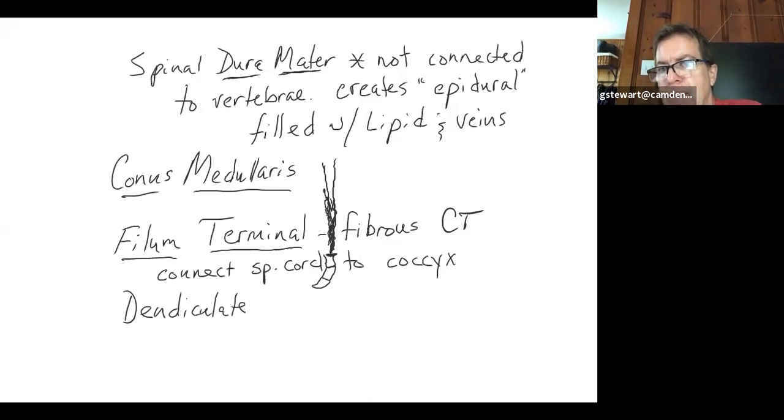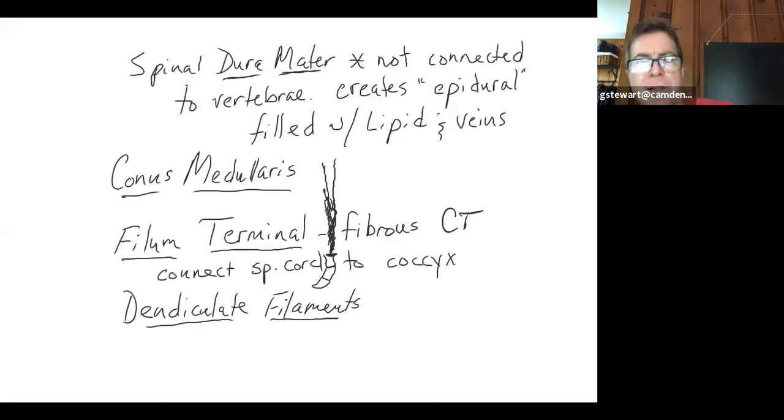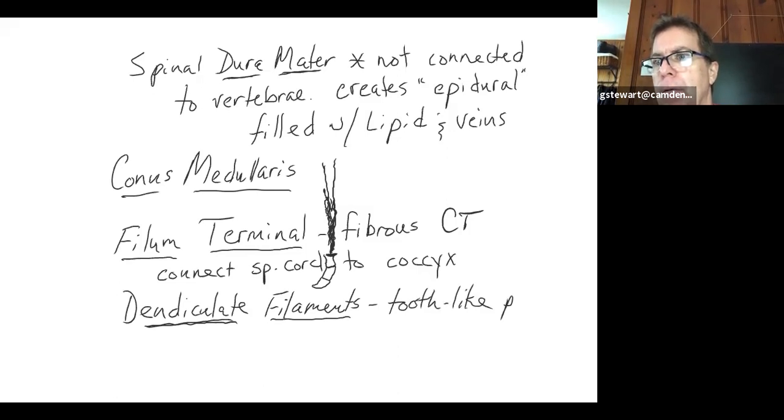These denticulate filaments, just anatomical terms. We're just building a glossary, a dictionary, that's all. Are sort of these tooth-like, which is where it gets the name denticulate, projections, that's a J. Tooth-like projections of the pia mater, that thin, clear, delicate connective tissue that's actually covering neural tissue itself, resting on neural tissue.